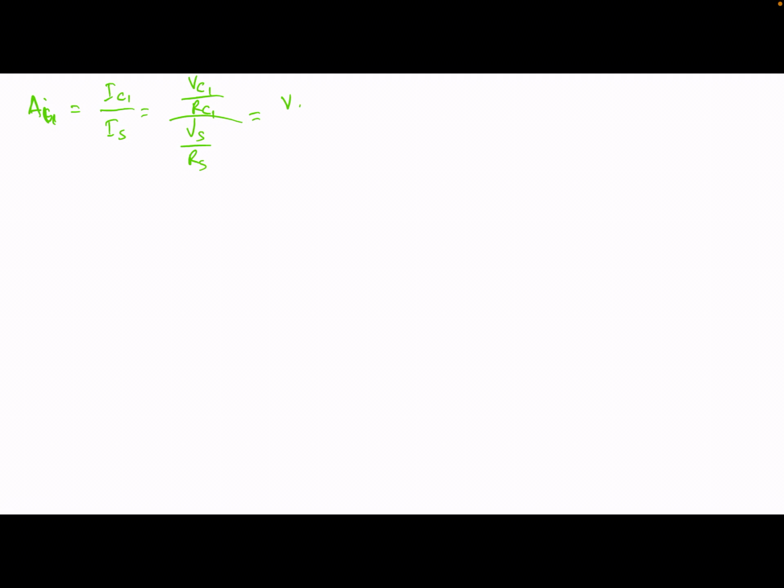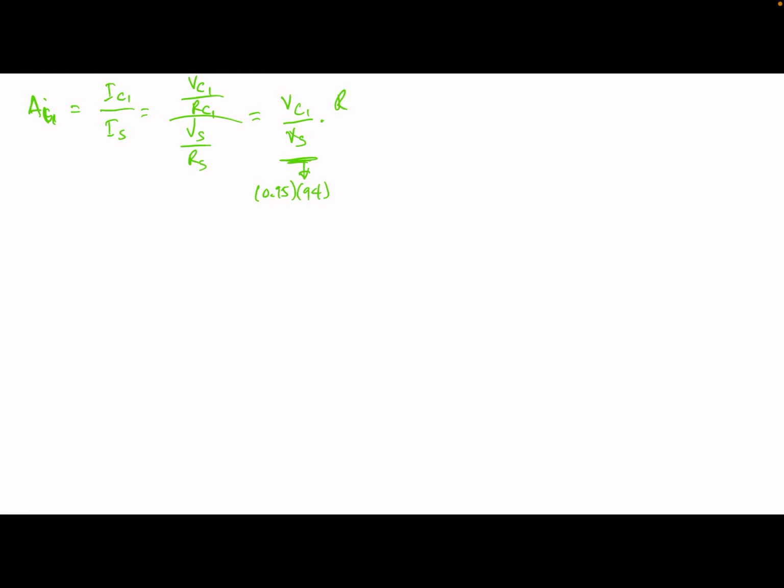Now VC1 divided by Vs is just the gain from the source to the output of the first stage. So this is 0.95 times 94, which we already know.